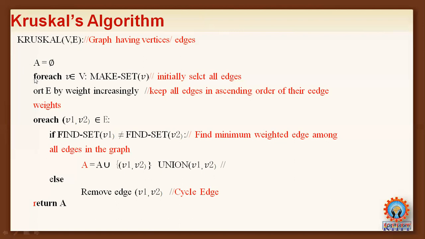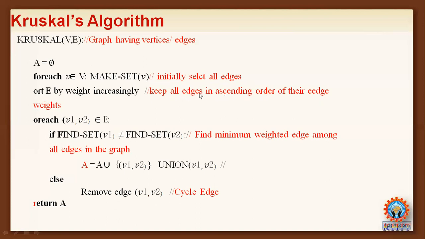Now, the second step is to select all the vertices, not edges. Select all the vertices from the given graph initially, and according to the edge weight, arrange the values in ascending order.